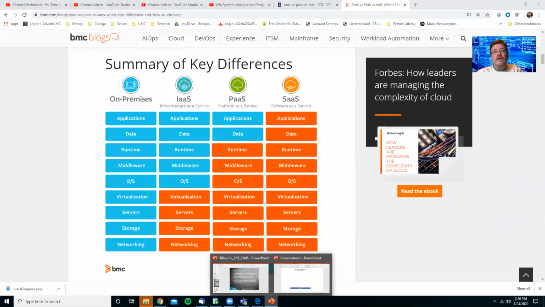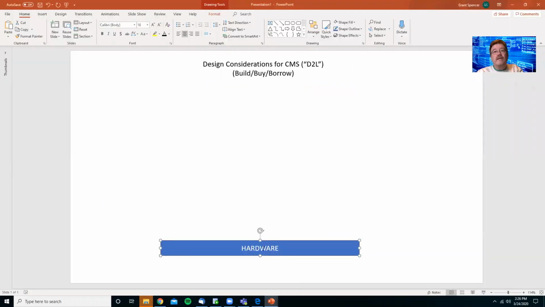So back to this particular thing here, that's a decision we've got to make. Are we going to go on-prem? And if it's on-prem, are we going to build or buy? And then the other one is IaaS, which is basically borrowing.